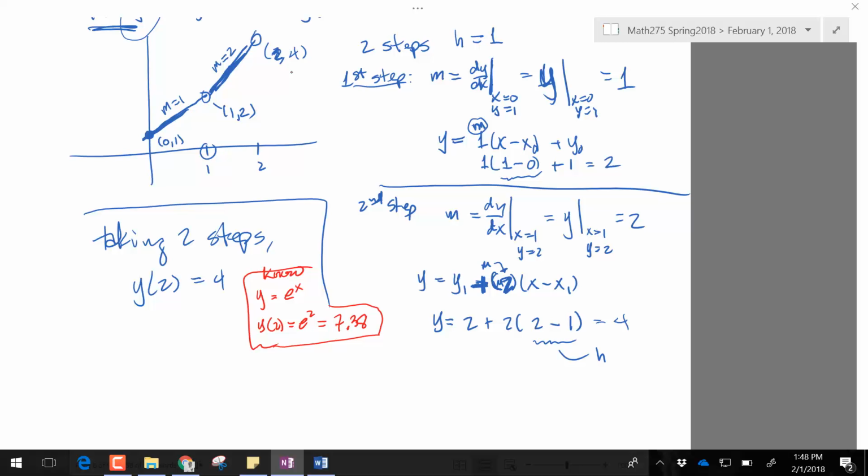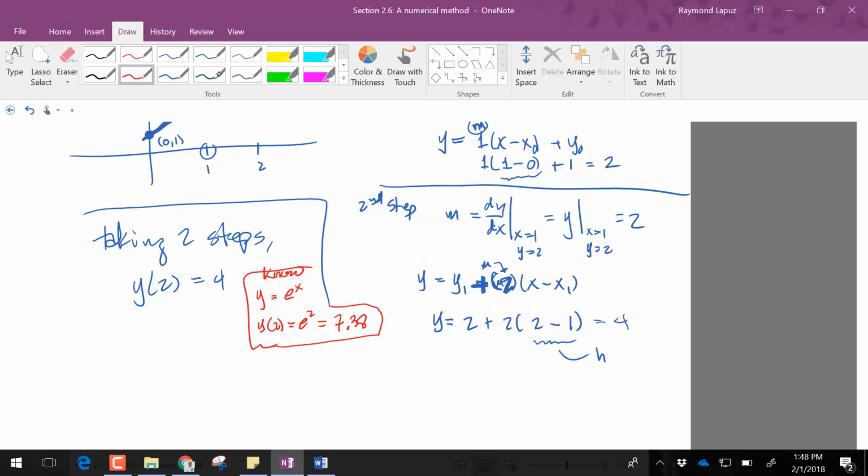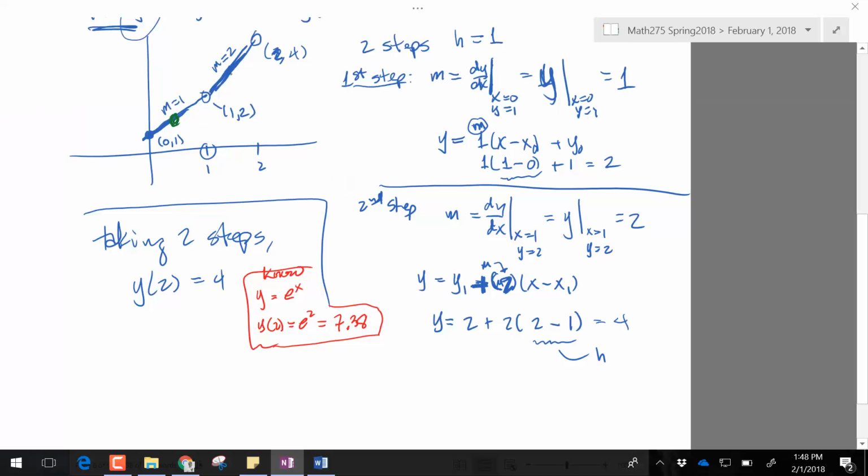So this is, we're way off. Yeah. So maybe we need smaller steps. 2 steps, fine. Kind of.